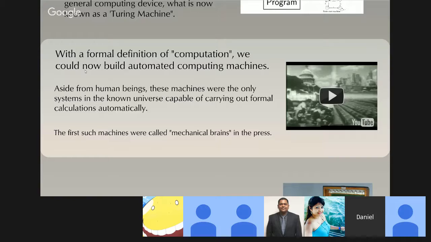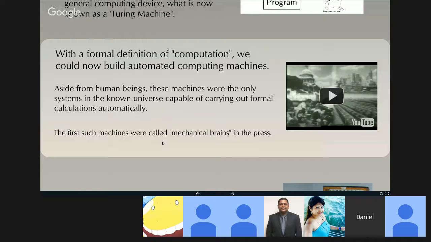So within the last 50 years, it's hard to overstate how important the computational revolution has been in our science, in our technology, in our understanding of ourselves. Prior to these computers, we used to think that we were the only rational creatures, the only creatures capable of this kind of formal abstract reasoning. But now we have machines that far exceed us in these capacities.